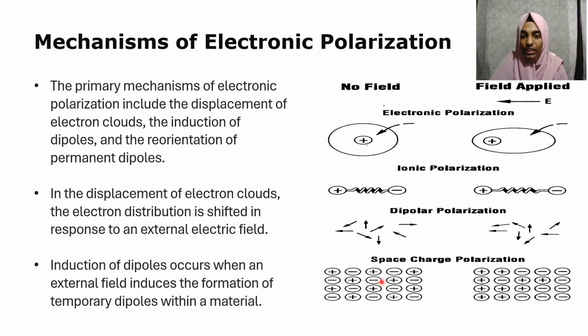When the electric field is not applied, all charges are arranged in a sequential manner. When we apply an external electric field, all the electrons and positively charged particles are disturbed and arranged in a different manner.